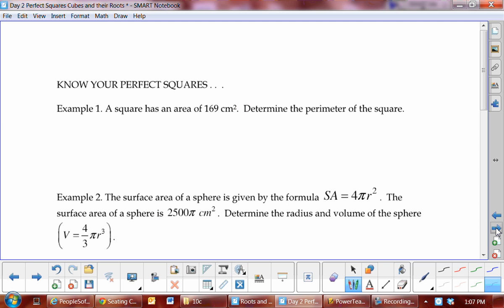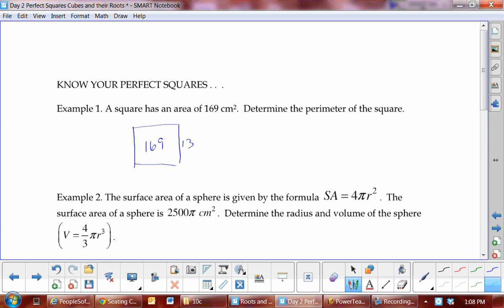Okay. Now, here's one of the hugest errors. This question right here says a square has an area of 169. Determine the perimeter of the square. So, if you were to draw this square, put 169 in it, what would be the dimensions of it?